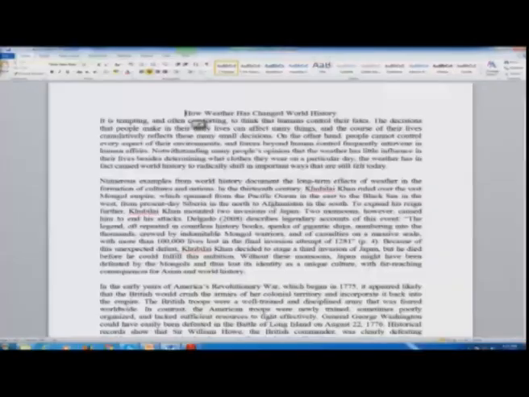So, this is how weather has changed world history. This text, if you recall, we have looked at in detail when we were looking at reading for detailed understanding. Now, let us look at the text in terms of introductory paragraph, body paragraphs, and how the connections are established among them. If you look at the introductory paragraph here, this again starts with a very broad notion.